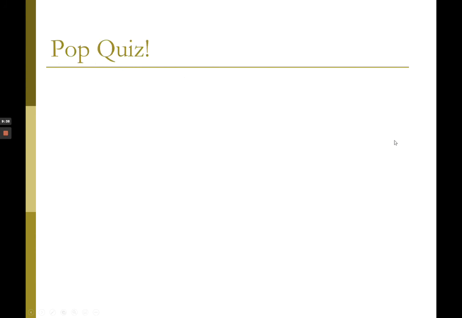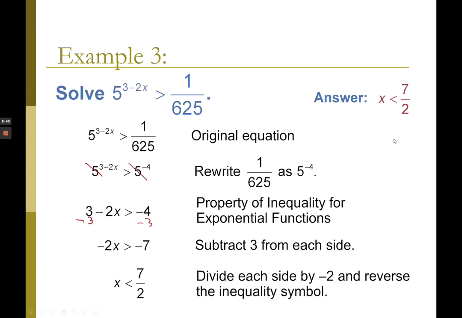So if we are going to graph it, it should be like this: 7/2 or 3.5. x is less than, unshaded circle. x is smaller, 7/2 is greater. The x values are the smaller numbers we need, so the line goes to the left, and it's an unshaded circle because there is no equal sign.